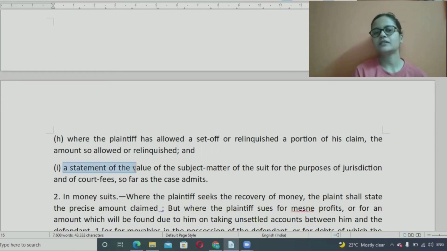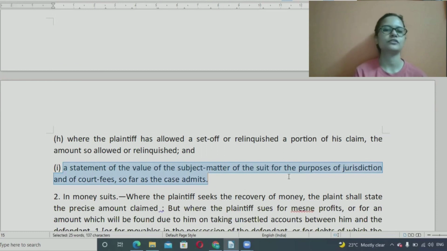A statement of the value of the subject matter of the suit for the purpose of jurisdiction and of court fees, so far as the case admits. So we will also mention, based on the subject matter and what happened, the value of the suit, because that also helps to determine jurisdiction, like we saw in yesterday's class.